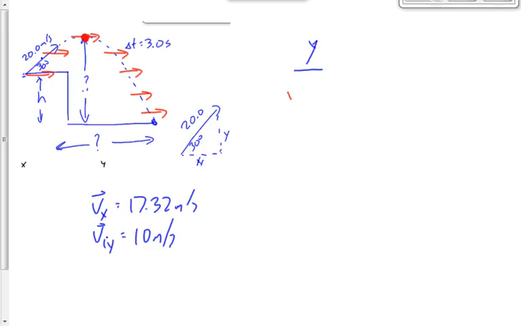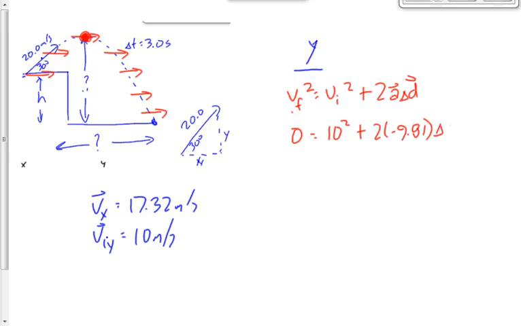In other words, we're going to say Vf squared is equal to Vi squared plus 2a times delta d. Vf is going to be the speed right here, which is 0. Vi is going to be the initial speed. Do the math here.